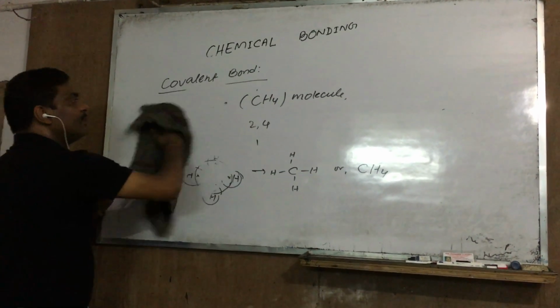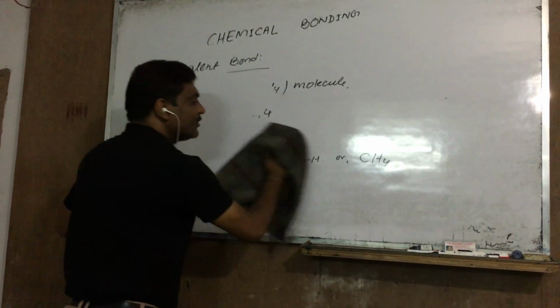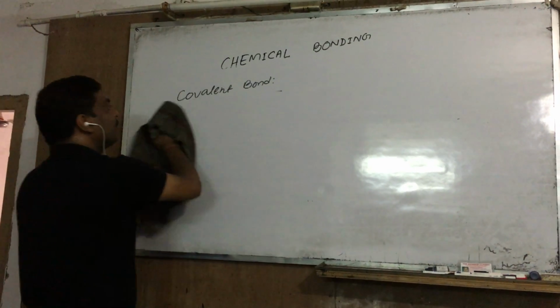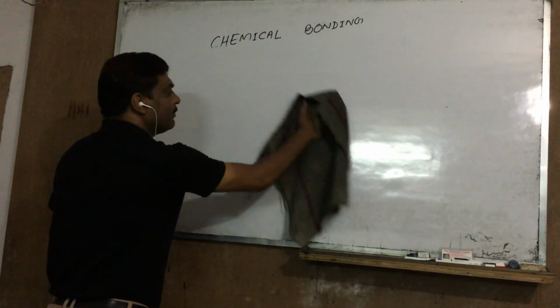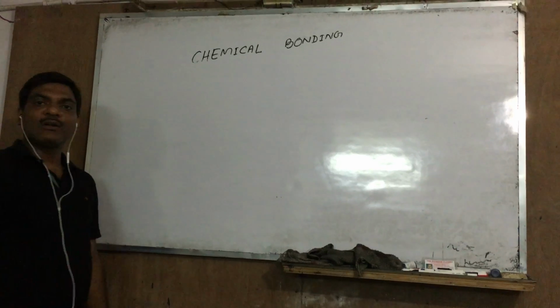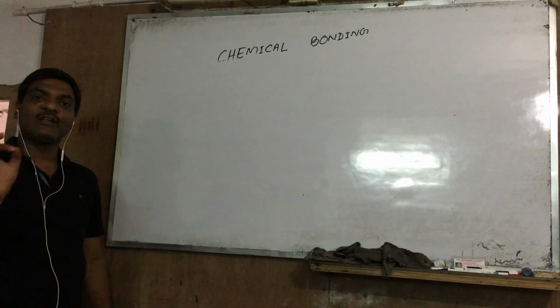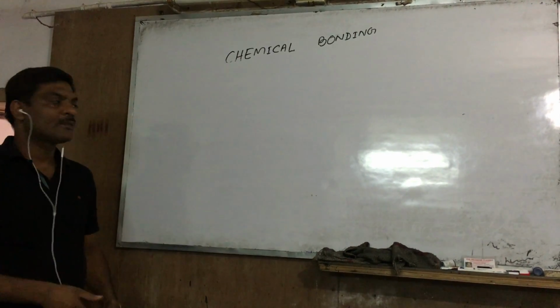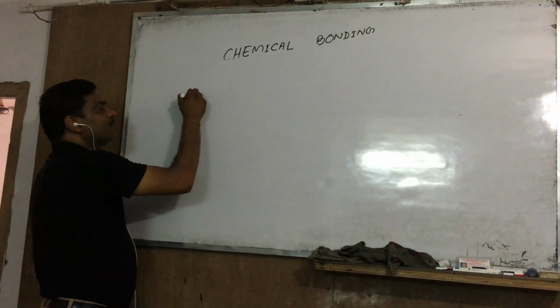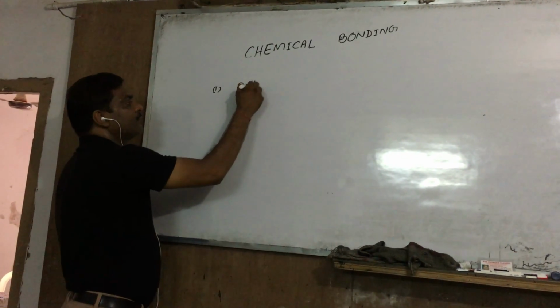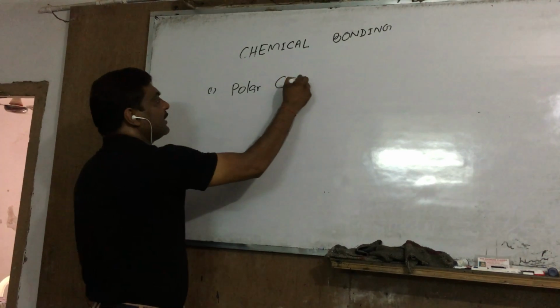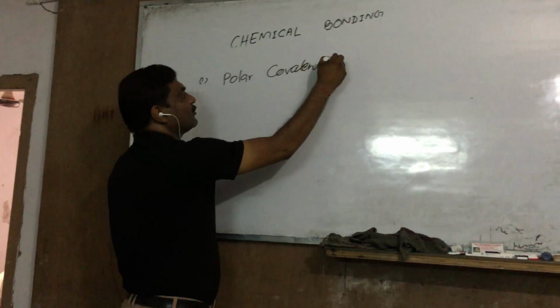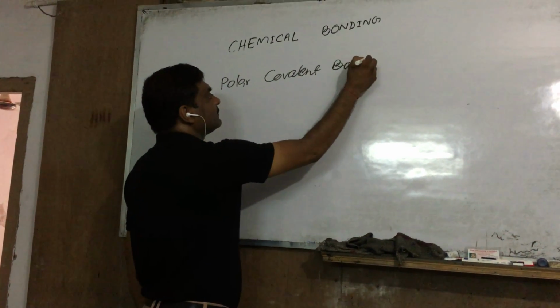Now there are 2 types of covalent bond: polar covalent bond and non-polar covalent bond. So first is polar covalent bond.